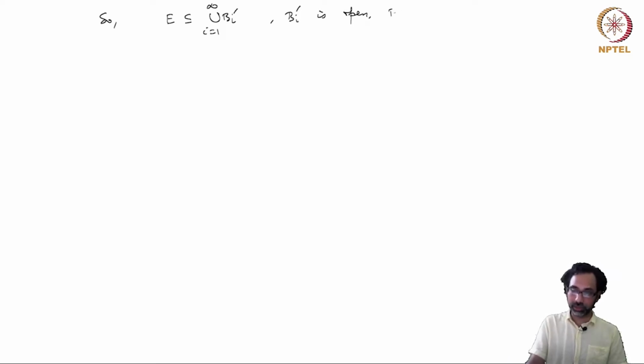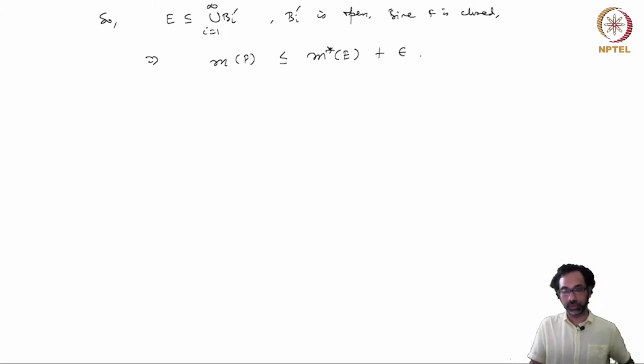So since F is closed, we are back to the previous result that we showed. So this implies that m(F) is less than or equal to m star E plus epsilon.